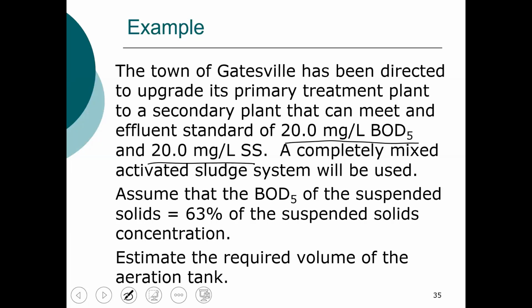You're told that the BOD5 of the suspended solids is 63% of the suspended solids concentration. So we have both soluble BOD and suspended BOD that's attached to the particles. And you're told to estimate the required volume of the aeration tank.